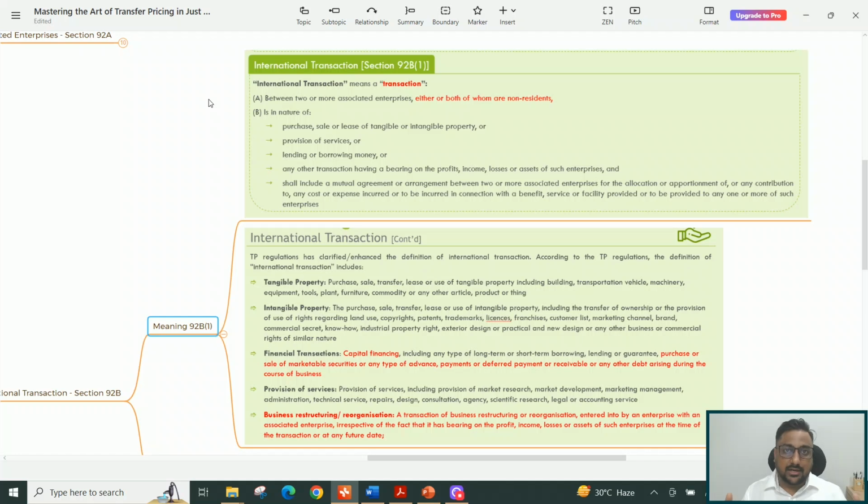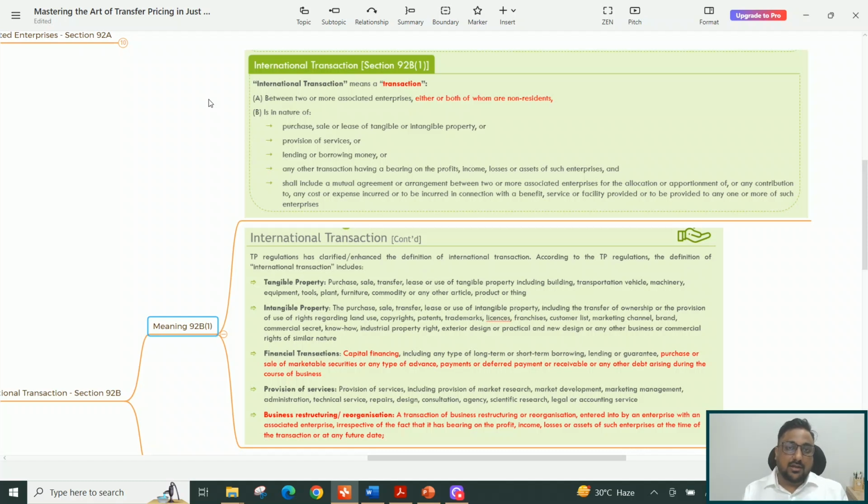Let me put it this way: one of the enterprises is in India and the other is outside India. That is understandable. But what would happen if both the enterprises are outside India and that transaction also needs to be covered and reported with the Indian tax authorities?